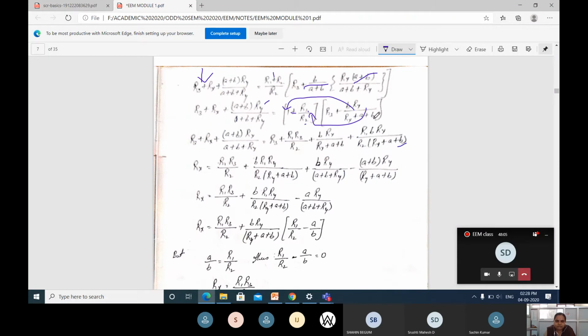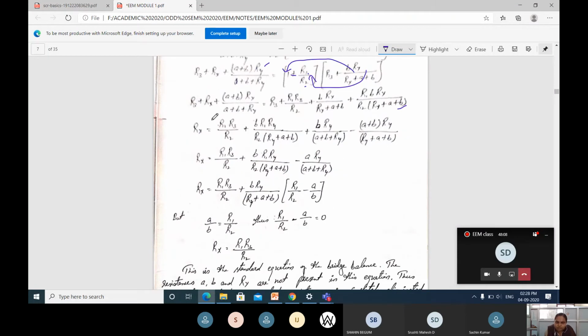You have to multiply. Then what you have to do? We don't want the unknown resistance. For that reason keep Rx here only and shift all the remaining parts to your RHS. Your LHS Rx keep as it is and the remaining equation goes to the RHS. Then Rx is equal to what I will be getting: R1 R3 divided by R2.